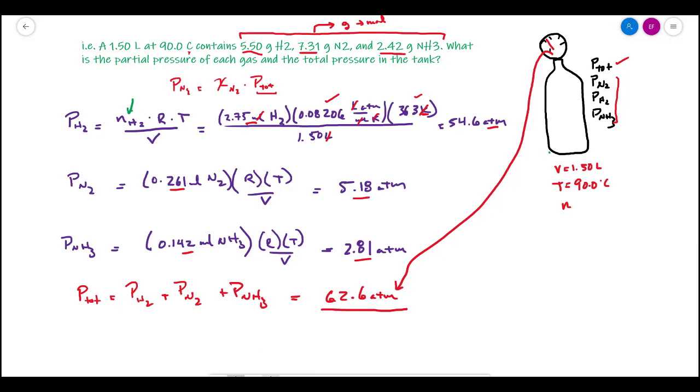What they do is put a normal scale, like a bathroom scale that you could stand on to measure your own mass, and they fill this with the different canisters of hydrogen, nitrogen, and ammonia, and they measure the resulting mass change, which would give them numbers like these, 5.5, 7.3, and 2.42, so that they would be able to compute the individual ratios, mole fractions, or the individual partial pressures.